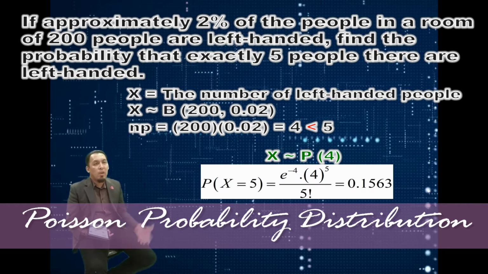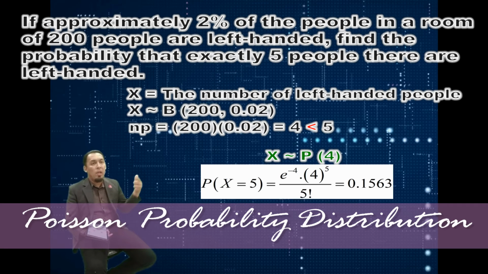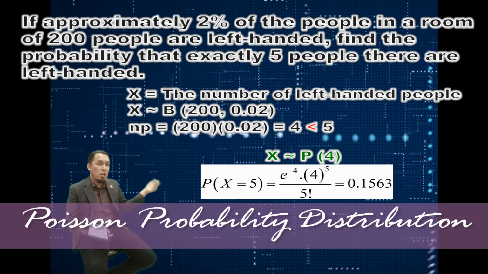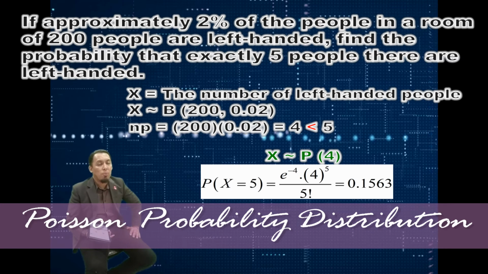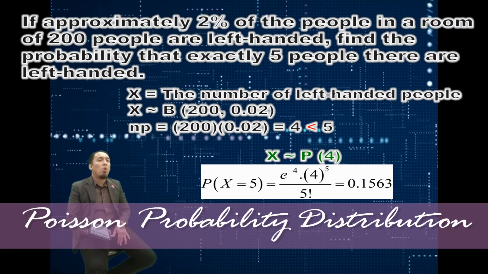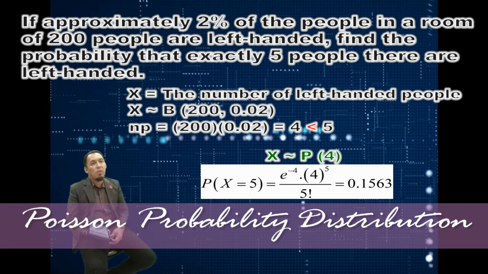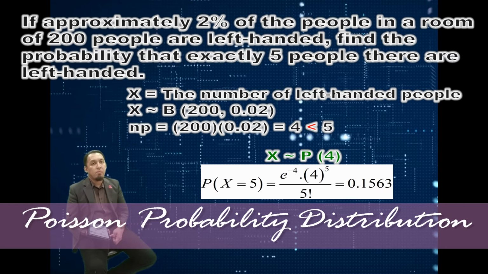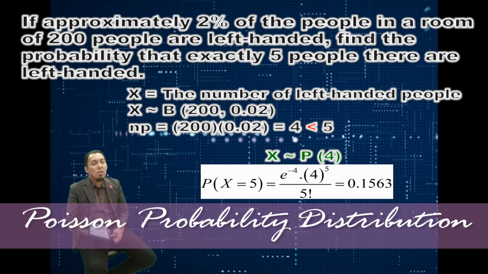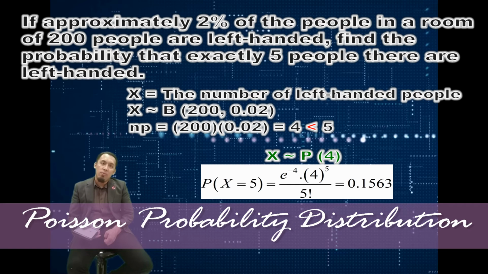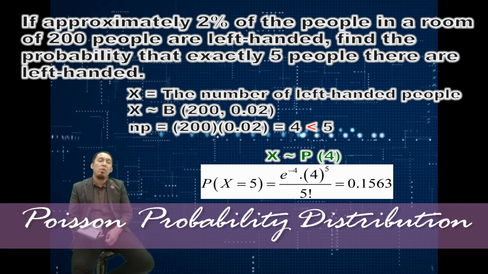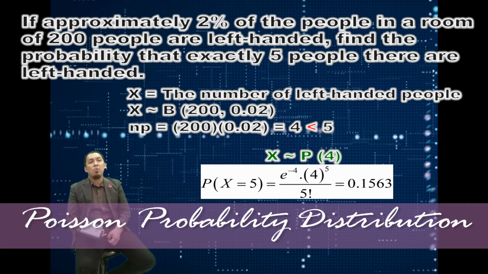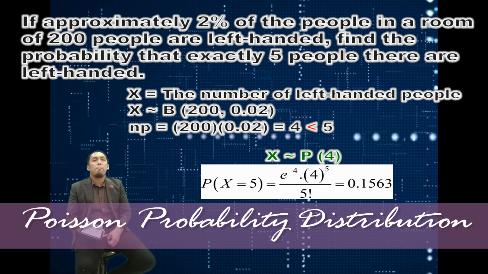We have x equal to 5, and we input it in the Poisson formula, e to the power of -4, which is the lambda, times 4 to the power of 5, which is the x, over 5 factorial, and that gives us 0.1563.